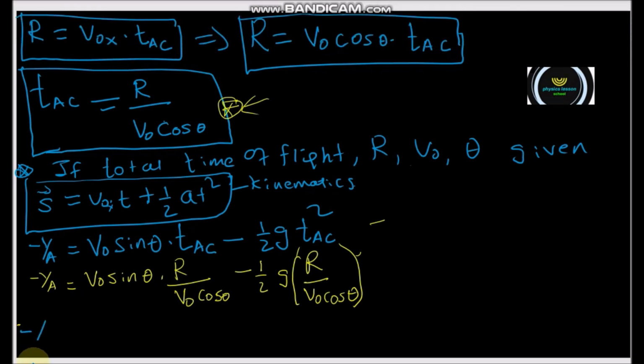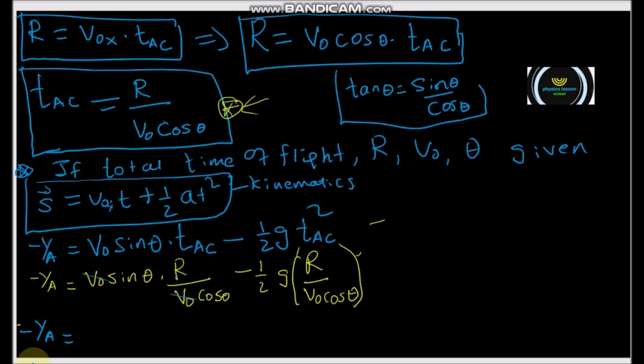Minus YA is equal to V naught sine theta over V naught cos theta. This one by this one is already cancelled. In mathematics, tan theta is equal to sine theta over cos theta.